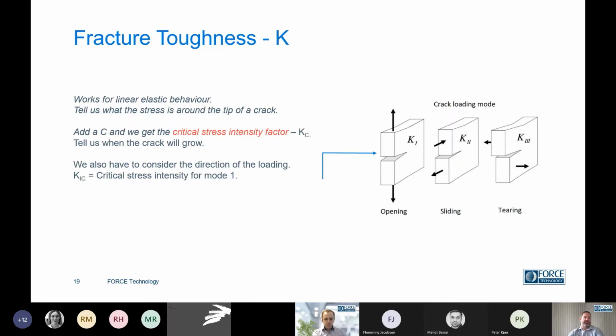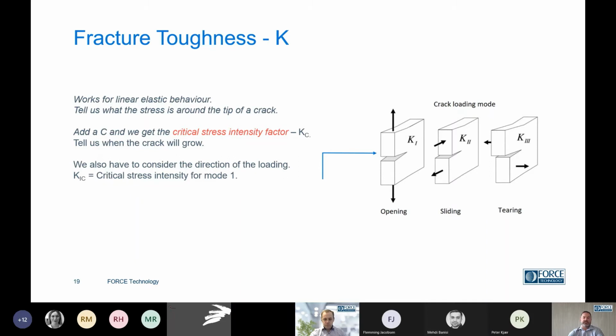Once it snaps, it snaps. You don't go into a lot of ductility and a lot of toughness. So for a material with high toughness, we won't use this type of testing, even though K can be part of it, as we'll see later.